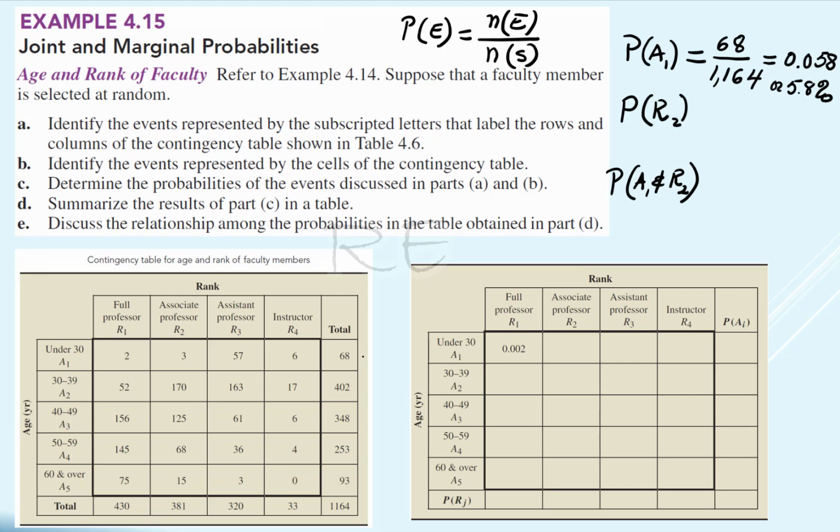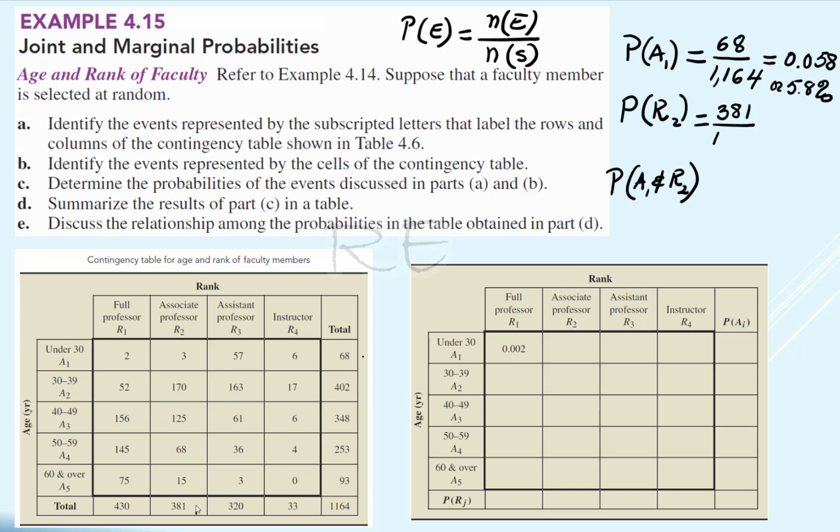Now we can calculate the probability of a column, the probability of R2, that the faculty member is an associate professor.